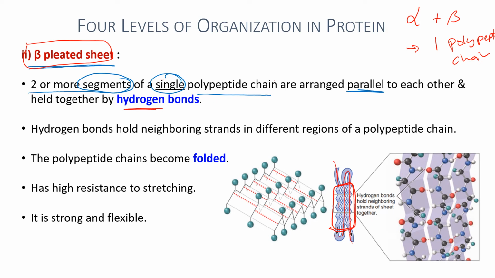Hydrogen bonds hold neighboring strands in different regions of a polypeptide chain. So the polypeptide chain becomes folded, and this type of structure, the beta pleated sheet, has high resistance to stretching, and it is strong and flexible.